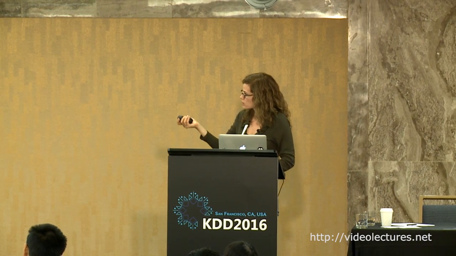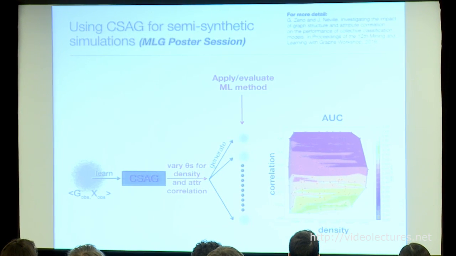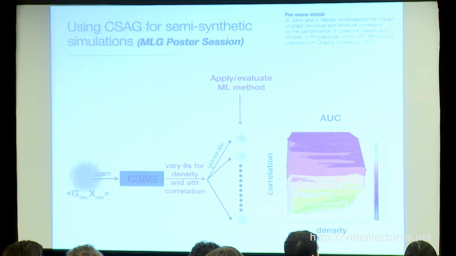So what Giselle has done so far is varied things like density and attribute correlation in a space close to the real networks that we see, and then she generates a whole bunch of different graphs. And then we apply our machine learning methods to those, and then we can produce these kinds of plots that she showed, where, for example, now we have over varying levels of density, still all very sparse, which is what we see in the real world, but still varying types of densities, and the amount of correlation in the attributes, what kinds of performance do we see with all of our methods?